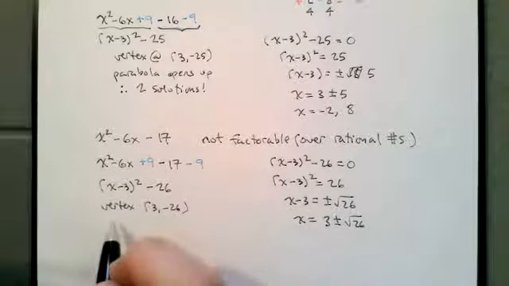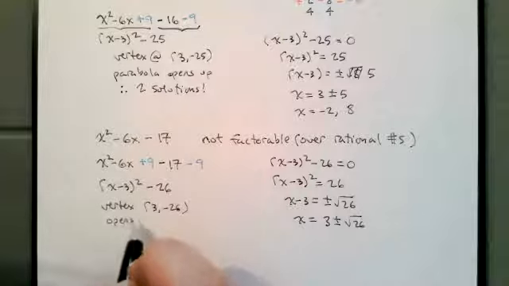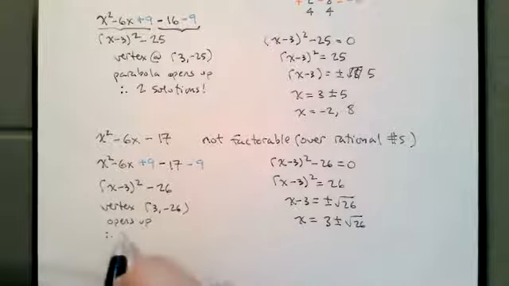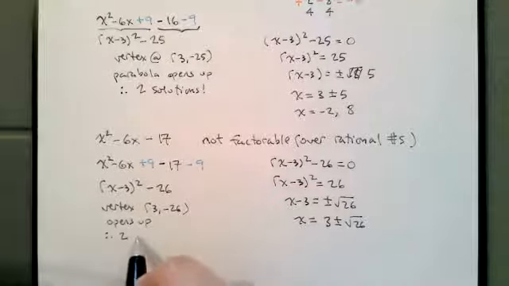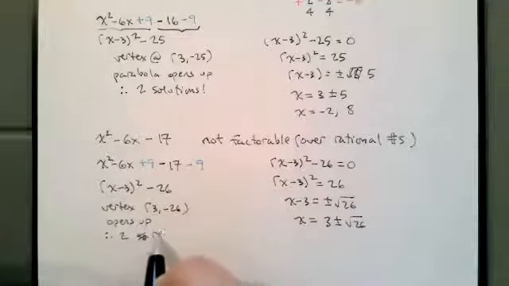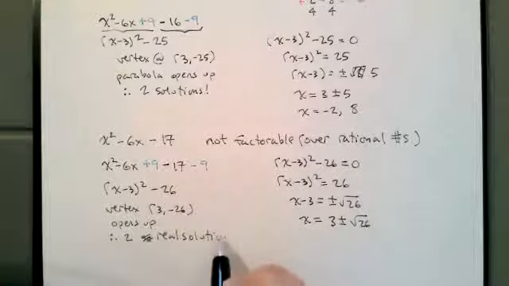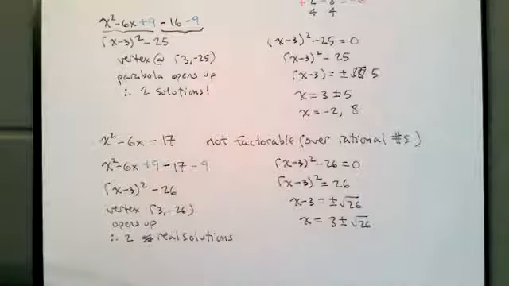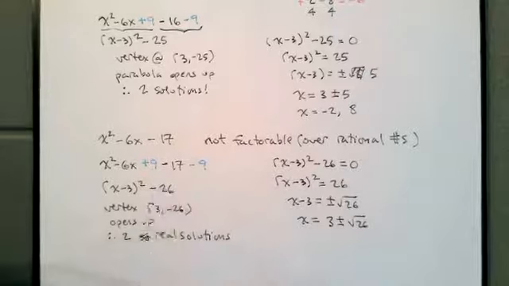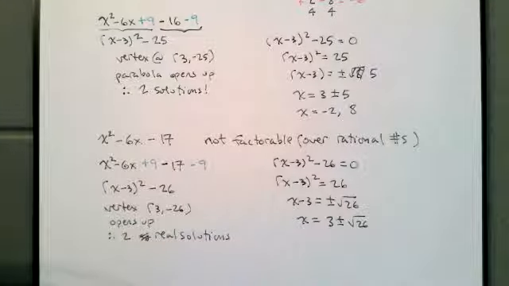And I know the parabola opens up. And so therefore we'll have two real solutions. We always have two solutions. And since -26 is not a square, we know that they're going to be irrational.